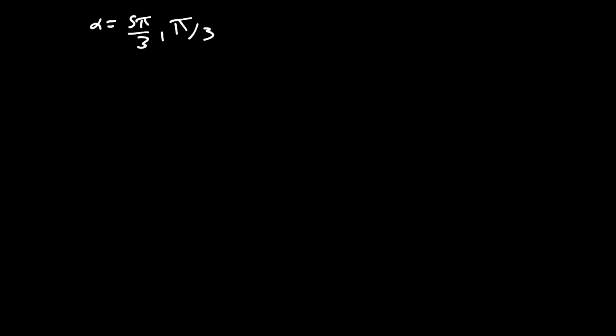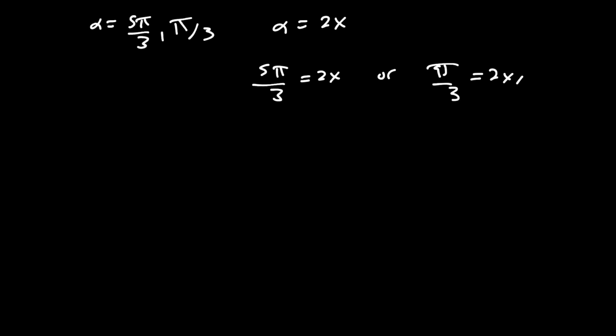And remember that we had alpha equal to 2x here. Therefore, we'll get two solutions to our equation. Either 5 pi divided by 3 is equal to 2x, or pi divided by 3 is equal to 2x. This gives us that x is equal to 5 pi divided by 6, or x is equal to pi divided by 6.